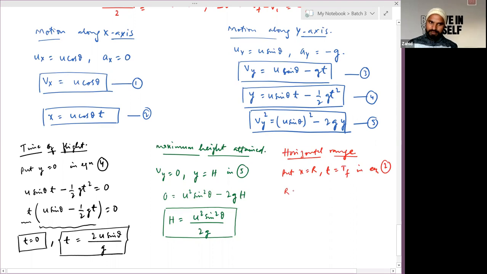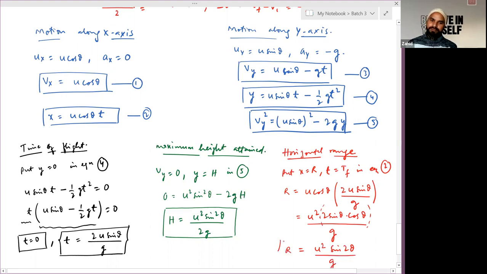So you will get r equal to u times cos theta into t, which is 2 times u sine theta divided by gravity. So if you rearrange it, you will get u square 2 times sine theta into cos theta divided by gravity. This whole term is nothing but sine of 2 theta. So it will be u square sine 2 theta divided by gravity equals range.